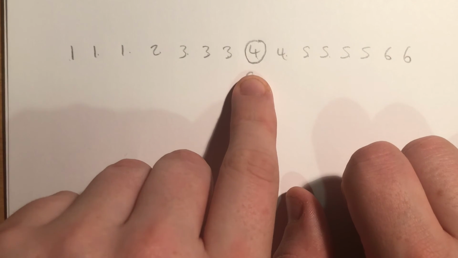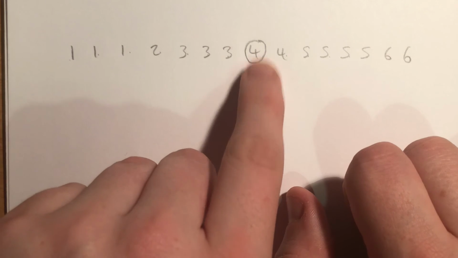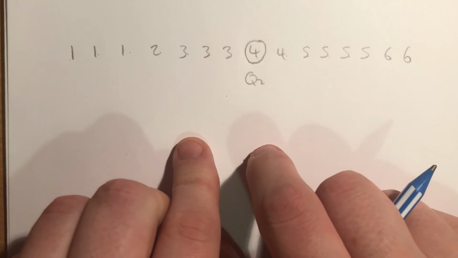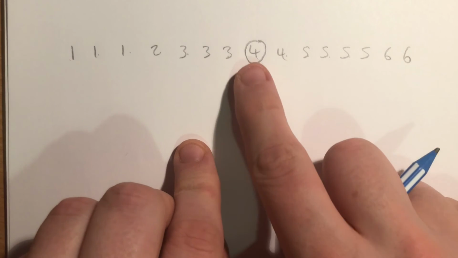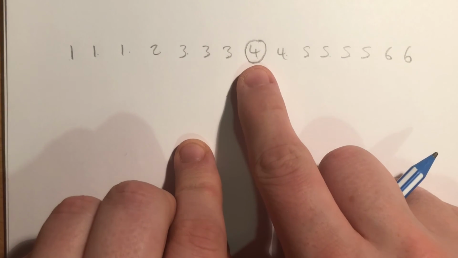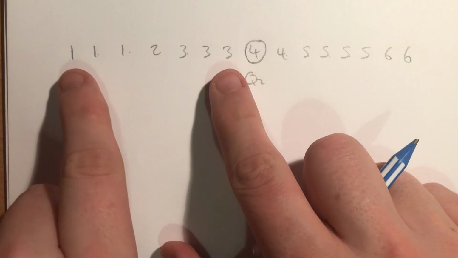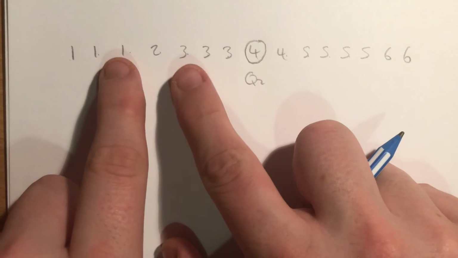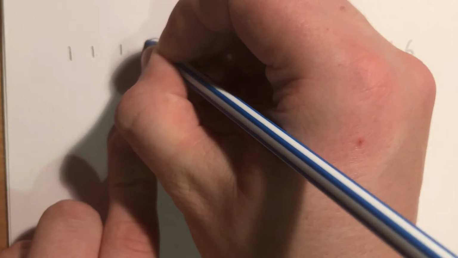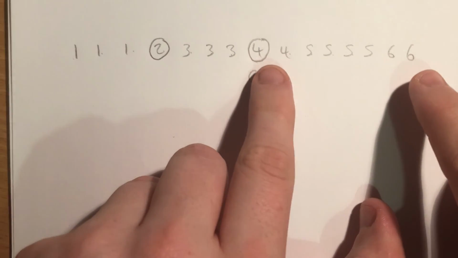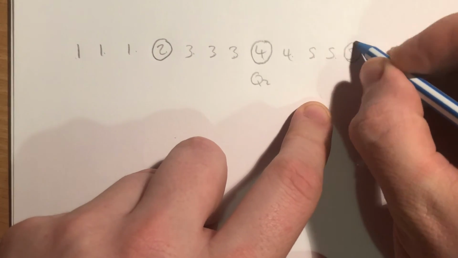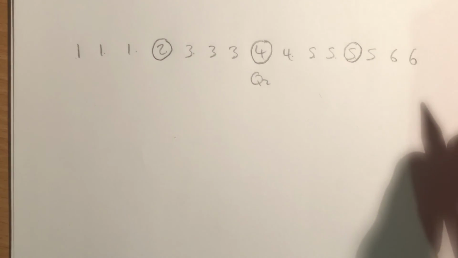Now, because Q2 has circled a number, we cannot include the 4 when we're counting our upper or lower quartiles. Okay? So because this 4 here is being claimed by Q2, we have to look from the 1 through to this 3. Let's count in 1, 2, 3, 4. And Q3, 1, 2, 3, 4. That 5 there. And it is important when you're doing this that you're circling the right numbers.